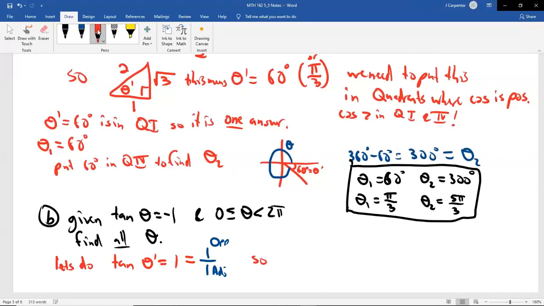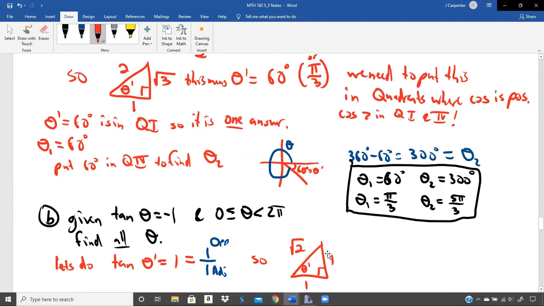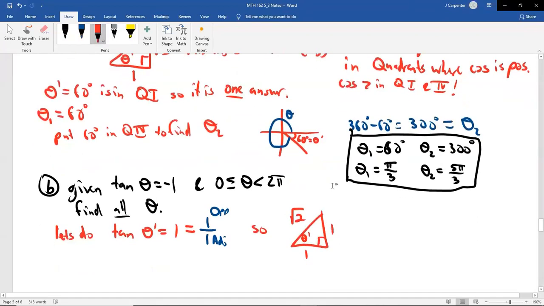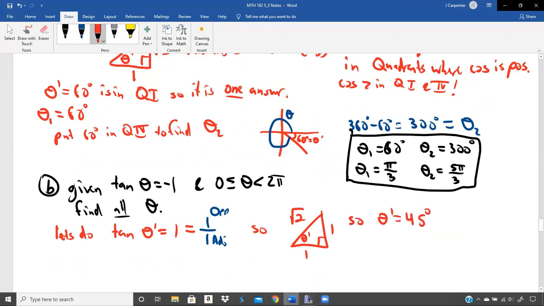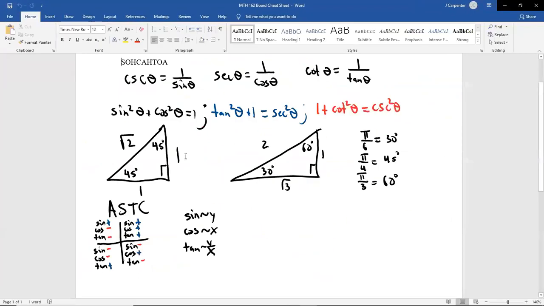So that means we're drawing up the reference triangle with theta prime here. The opposite's 1, the adjacent's 1. Well, that's the 1, 1, square root of 2 triangle that you're supposed to memorize. Or be able to Pythagorean it up and remember that, all right, if these sides are the same, that says theta prime has to be 45 degrees.